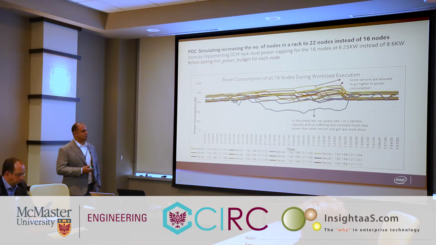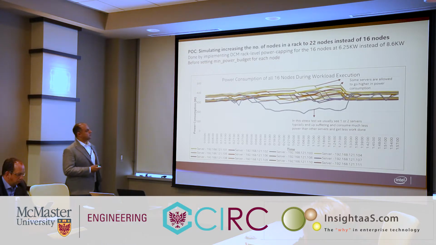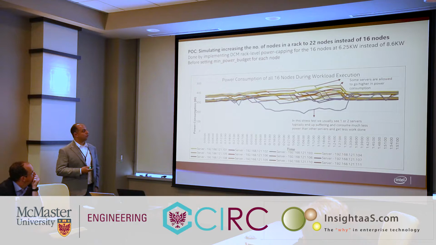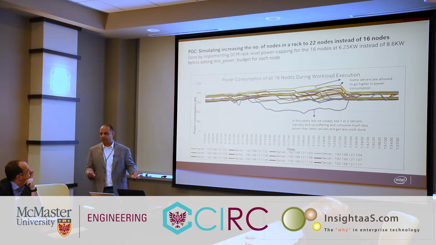But DCM's job is not to evenly distribute the budget, right? Its job is to stay within those limits. So in this case, you see that some servers benefited more. Their CPU ran at higher frequencies and had more work done, while others suffered accordingly. That sometimes is not really acceptable, depending on your workload.